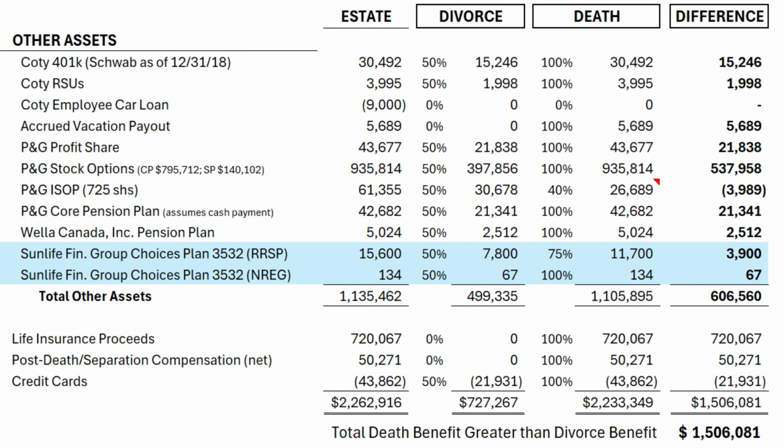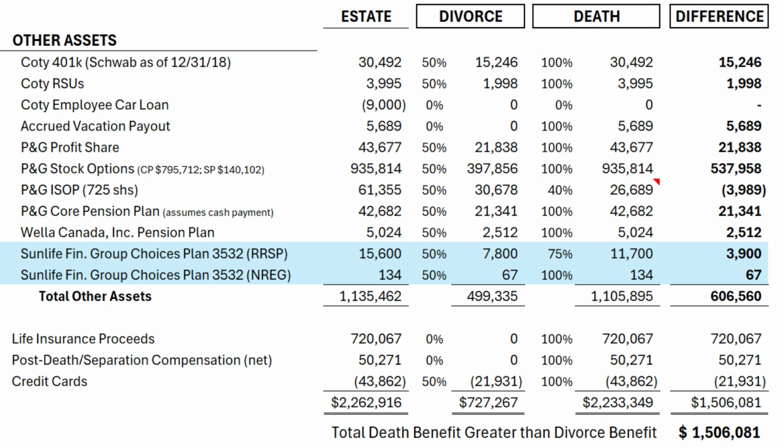And so for that one, upon his death, Ms. Sementilli was designated to receive 75% of the funds in that account. So she was to receive $11,700 upon his death, whereas in divorce, she would receive 50%, and that is the $7,800.